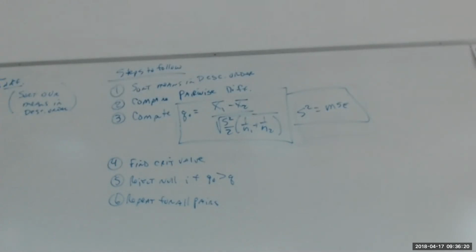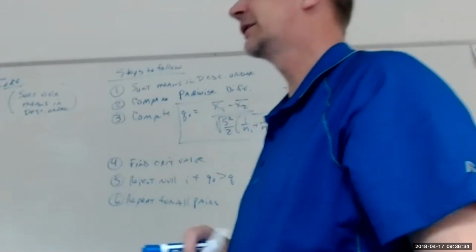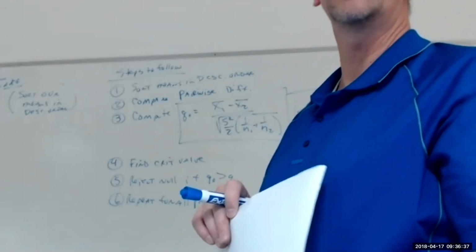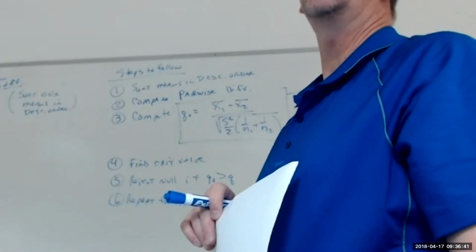Now, we're going to jump in here as if we've just done our ANOVA test. We've concluded that all the means are different. But let me just mention this really quickly. On the final exam, you're going to have an ANOVA test. Probably doesn't come as a shock to you, does it?